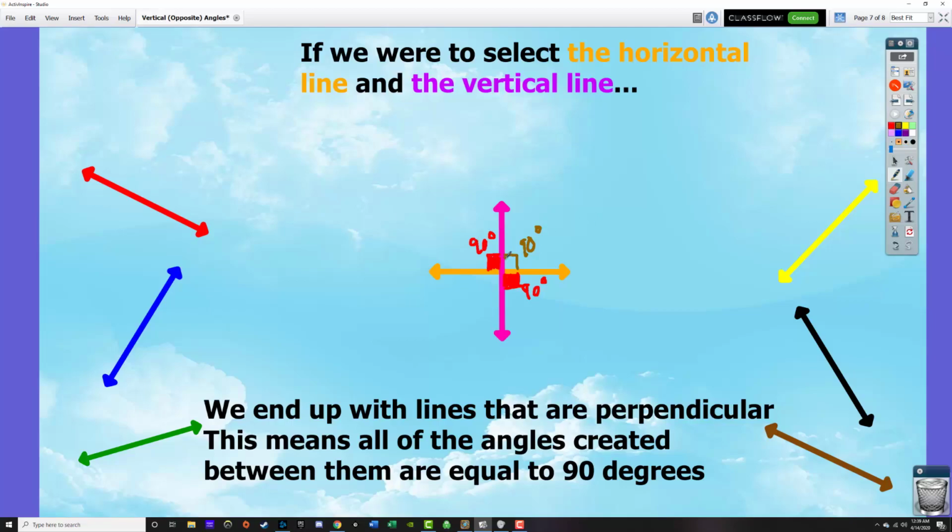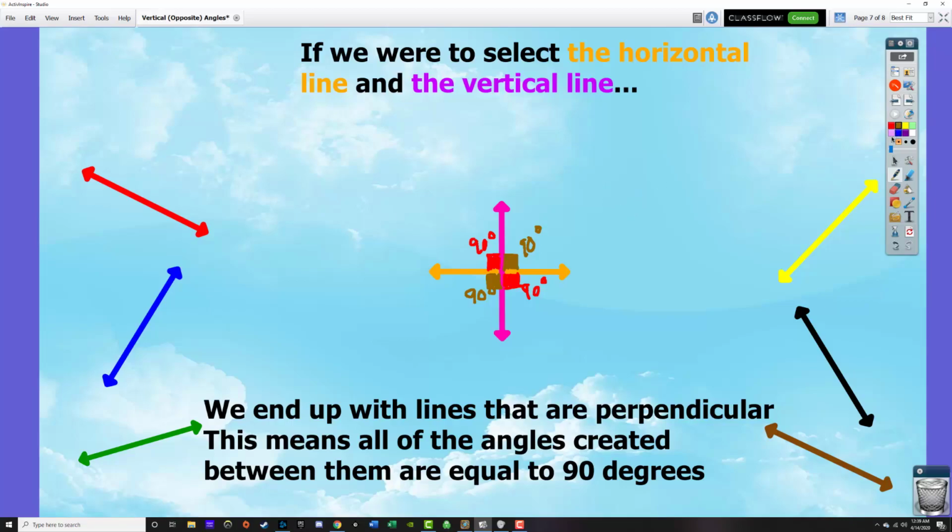And if this angle in brown right here is equal to 90 degrees, that means that its vertical angle, if they are congruent, which all vertical angles are, must also be equal to 90 degrees.